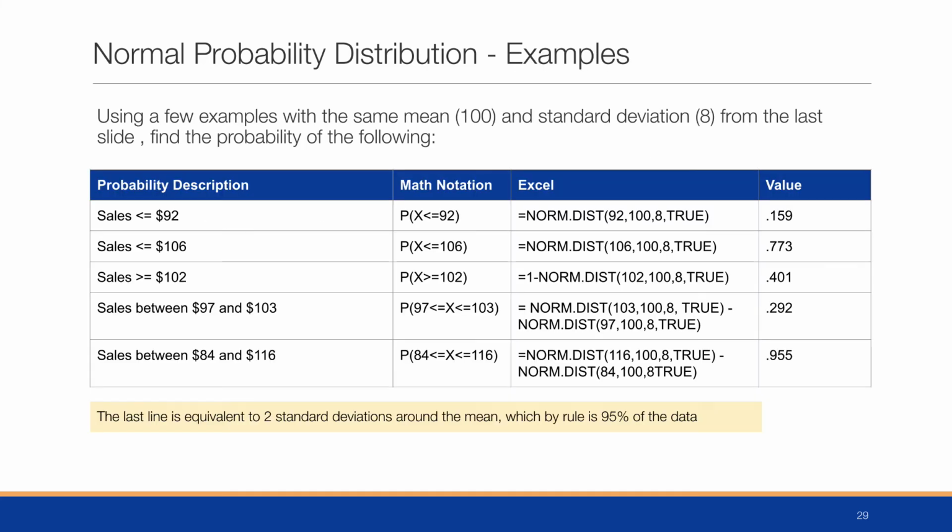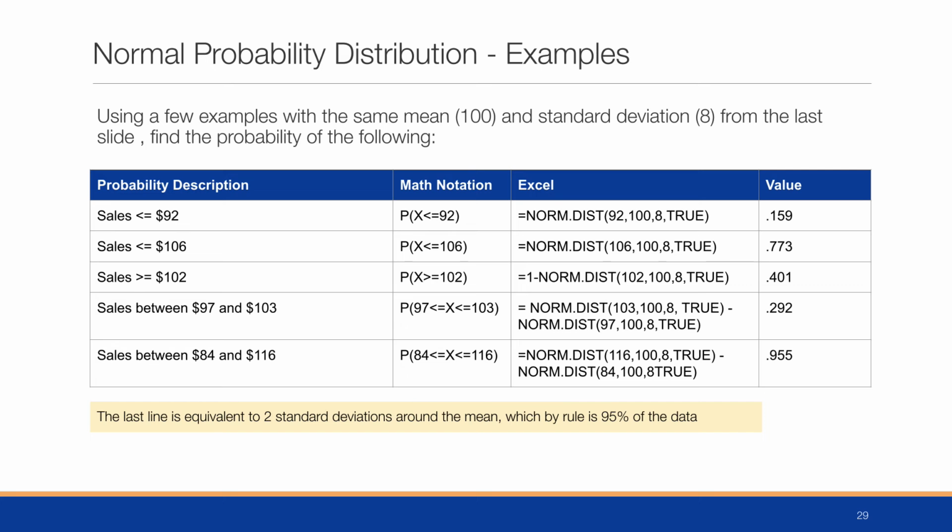Looking again at some examples like we did before without the graph, assuming the same mean and standard deviation, what is the probability of sales being less than $92? The probability of x less than or equal to 92 is NORM.DIST(92, 100, 8, TRUE), which is 0.159. For sales less than 106, we'll use the same formula, plug in 106 for x, and we'll get 0.773.